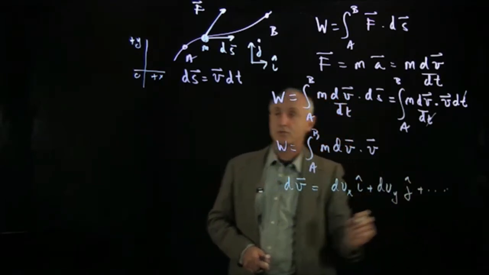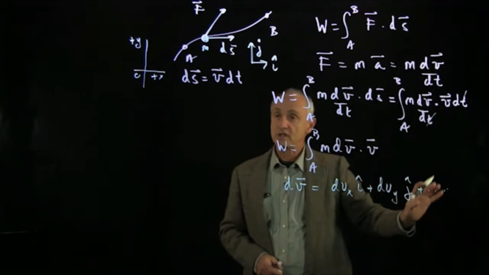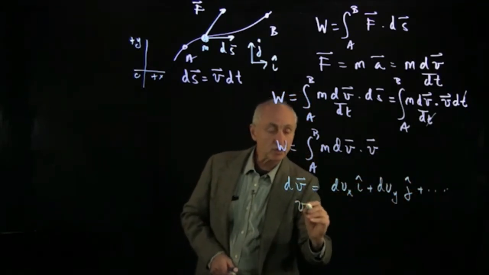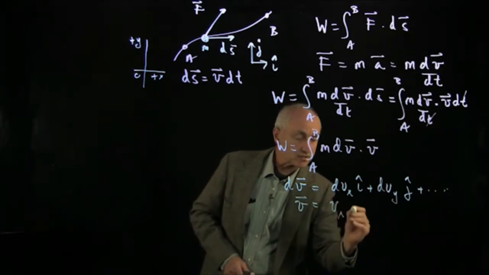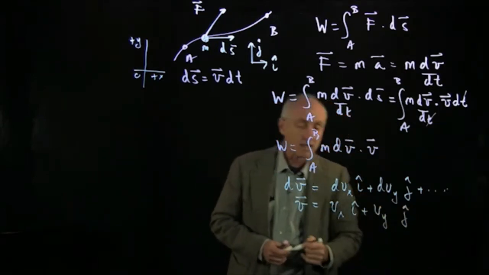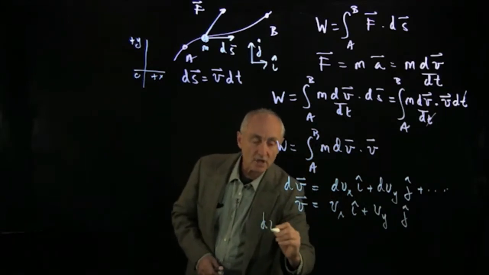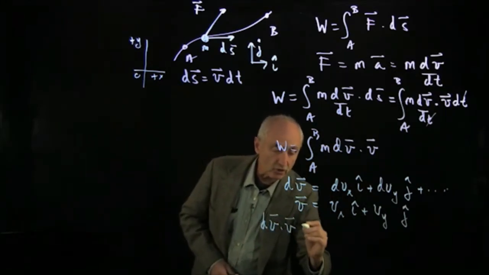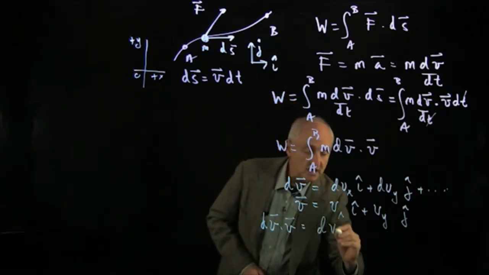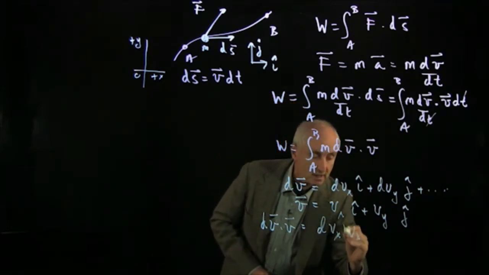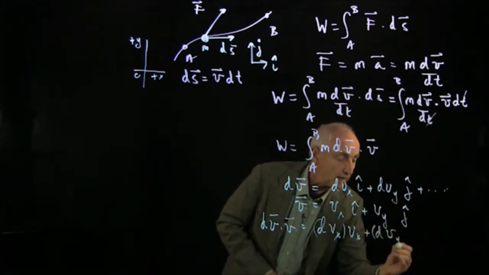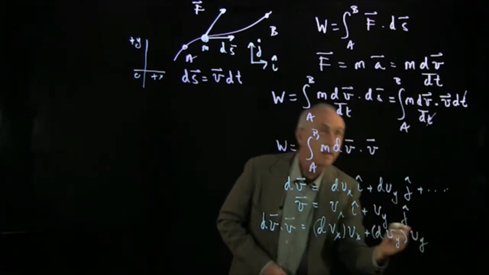Now, if we were to go into 3 dimensions, we would have dvz k hat, but I'm just going to do this in 2 dimensions. Similarly, the velocity is vx i hat plus vy j hat. And now when we take the dot product, as we've learned in Cartesian coordinates, it's just the components: dvx vx, plus dvy vy.